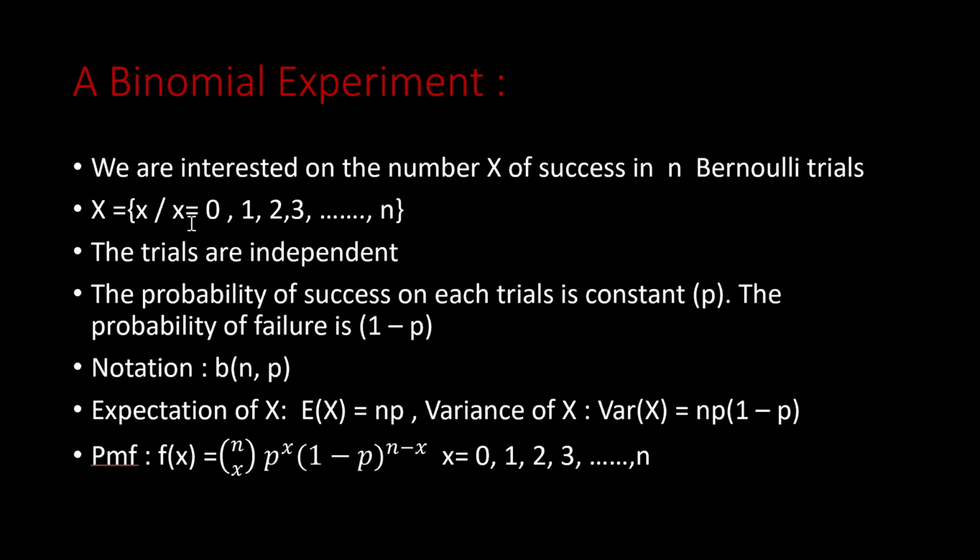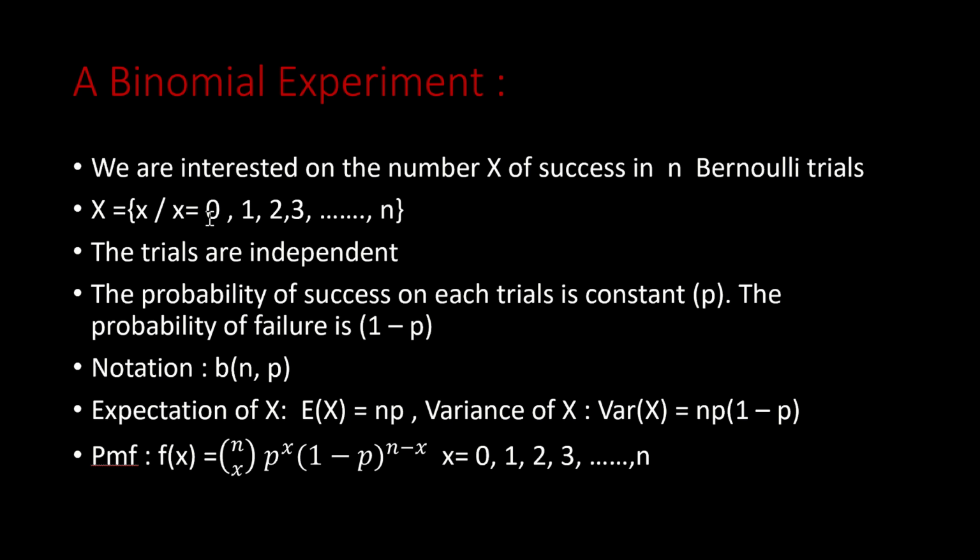So x is equal to, you can have zero Bernoulli trials, so that means you have no trial at all, or you can do one Bernoulli trial and get a success, or you can do one Bernoulli trial, two Bernoulli trials, three Bernoulli trials, and every time you do a Bernoulli trial, you count how many times you have a success there. That's what we have in a binomial experiment.